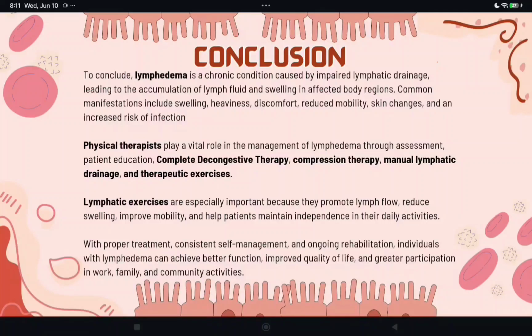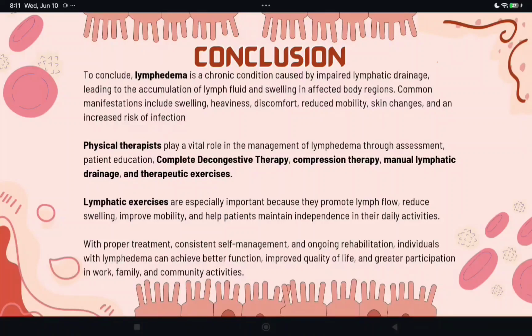Physical therapists play a vital role in the management of lymphedema through assessment, patient education, complete decongestive therapy, compression therapy, manual lymphatic drainage, and therapeutic exercises.